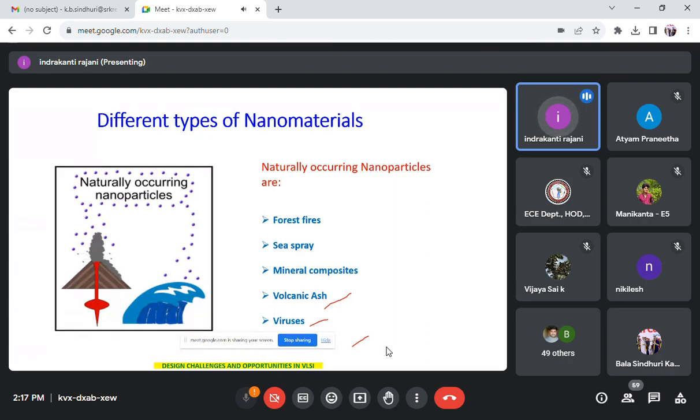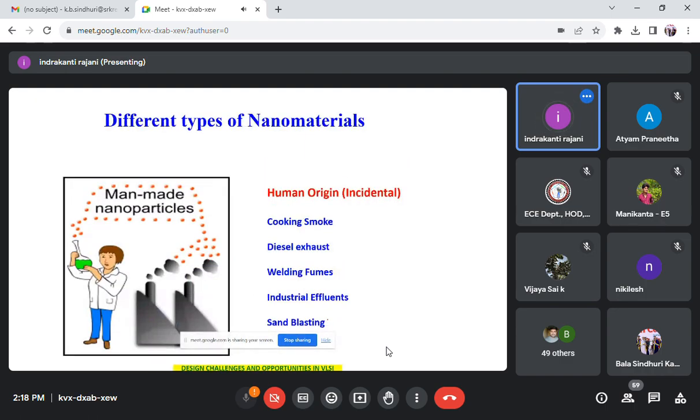So they can easily go into our skin and affect our body also.